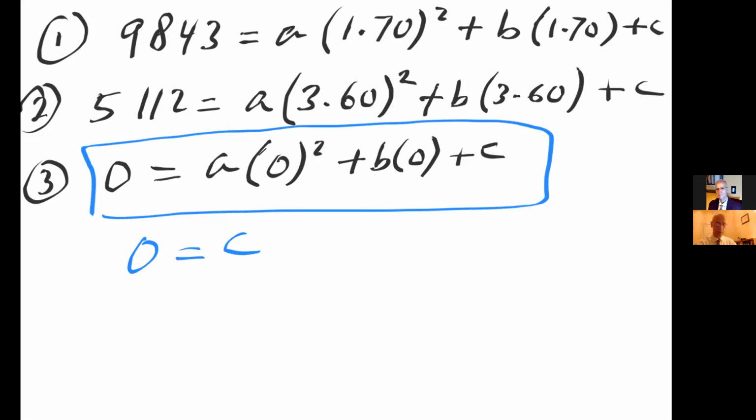So this c equals 0 and this c equals 0. It makes my life easier. Having said that, let's go to the next page and rewrite this equation so we can simplify this. Like here, what's the square of $1.70, what's the square of 3.60?